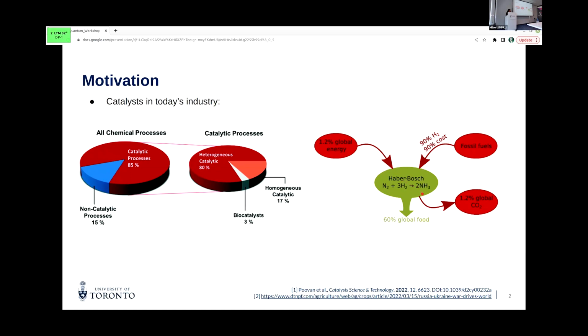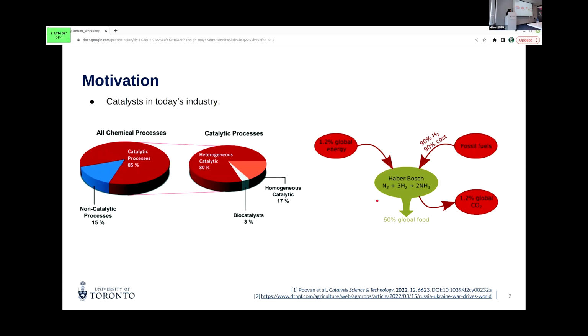Ammonia is a fertilizer that is responsible for up to 60% of global food production. And this reaction consumes 1.2% of global energy. It used to be a lot more, but thanks to advances in research, including catalysis research, it comes down to 1.2, but it's still high.